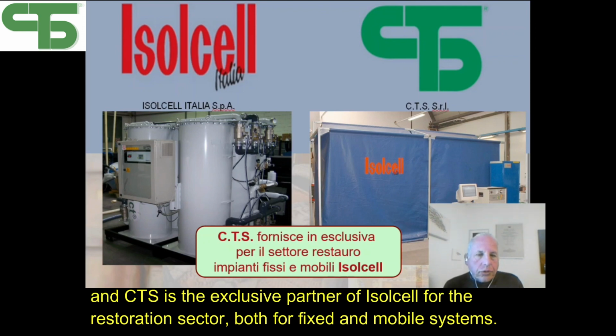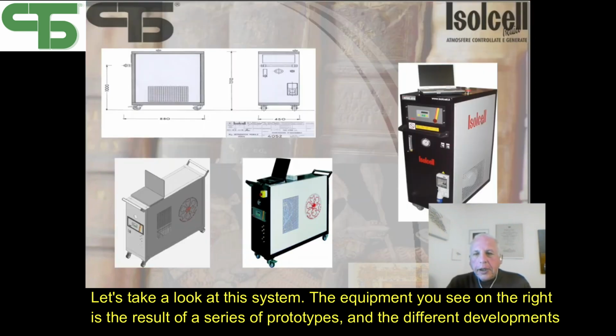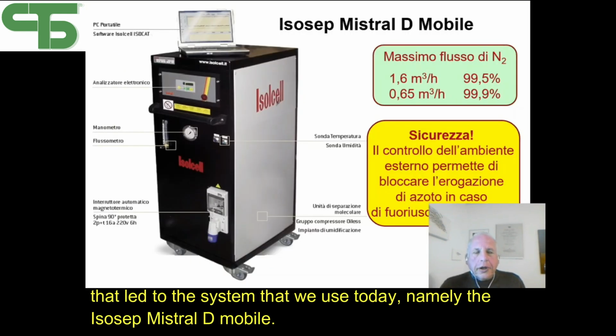And CTS is the exclusive partner of Isocell for the restoration sector, both for fixed and mobile systems. Let's take a look at the system that was developed in collaboration. The equipment you see on the right is the result of a series of prototypes and different developments that led to the system that we use today, that is the Isocell Mistral D Mobile.